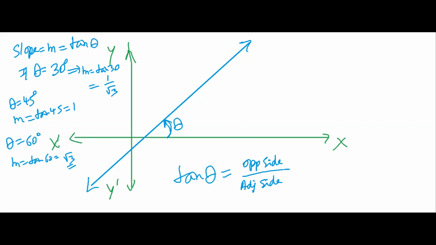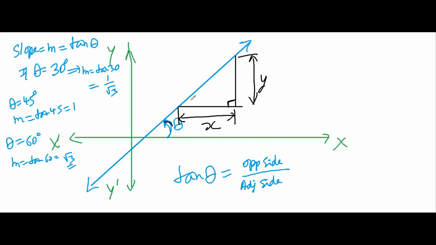So what I will do, I will draw one line like this, and then I will draw one line like this. Just a minute. Here, this I have drawn. Okay, this is 90 degrees. This will represent x, and this will represent y.